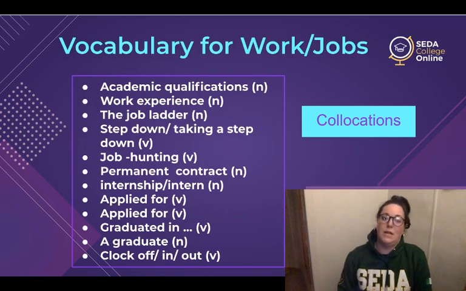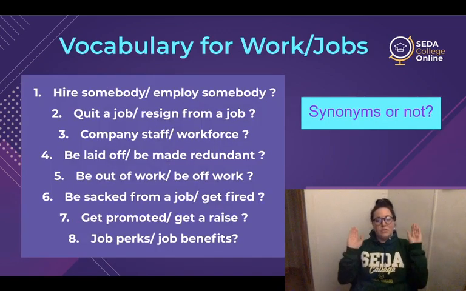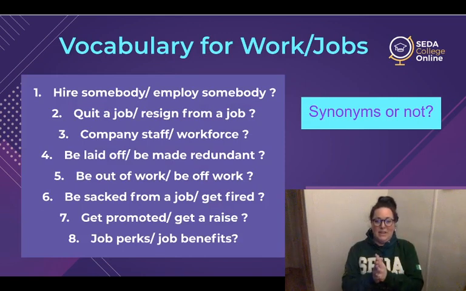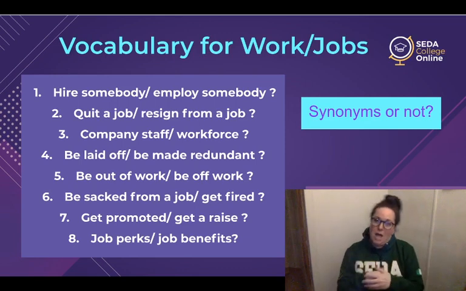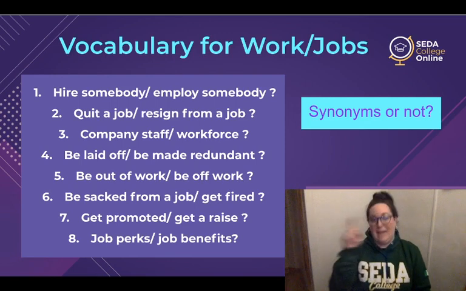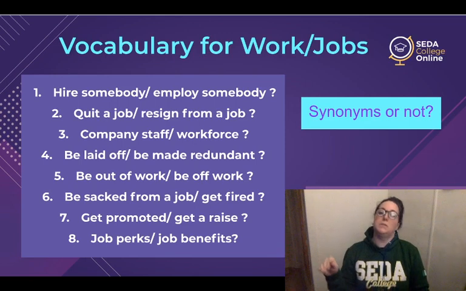All right, we're going to do an activity again. So I hope you took notes. All right. So what we're doing with this activity is we're going to look at some new phrases, and we're going to decide, are they synonyms? Like, do they mean the same thing or not? Synonyms we usually use just for a word, but here I'm using it for the phrase, okay? Synonyms or not. So for each number, you can put an S for yes, it's a synonym, or an N for no, it's not, okay?